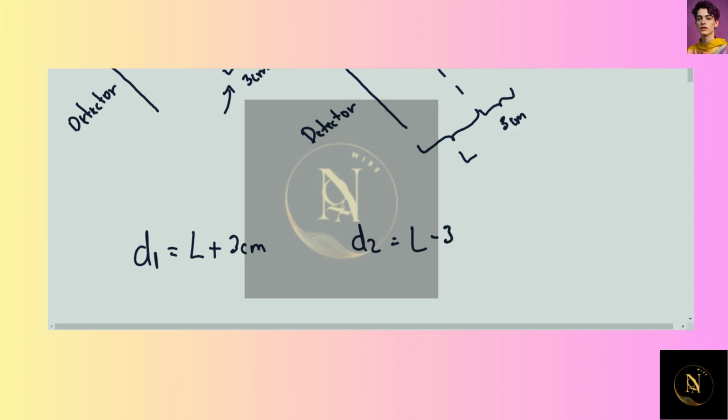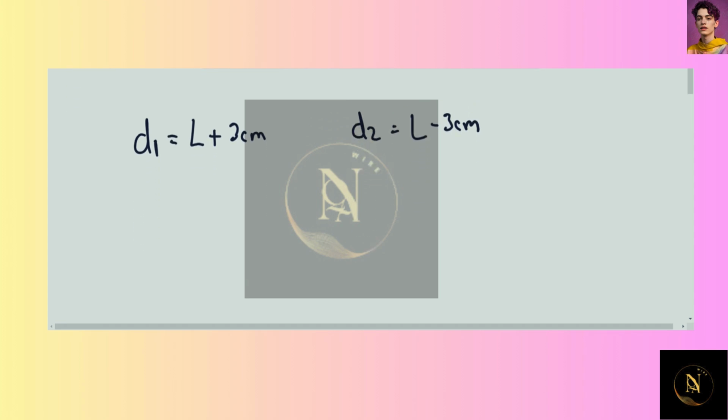Now we note that the time is the distance traveled over the speed, and we know that in this case photons travel with the speed of light.